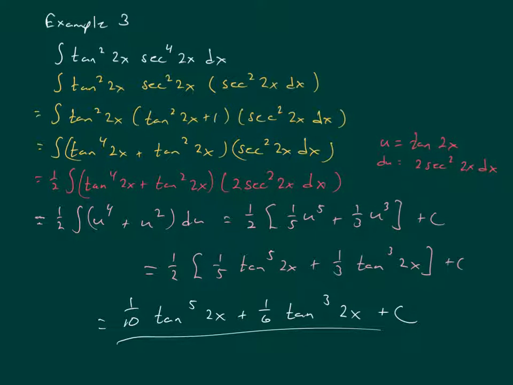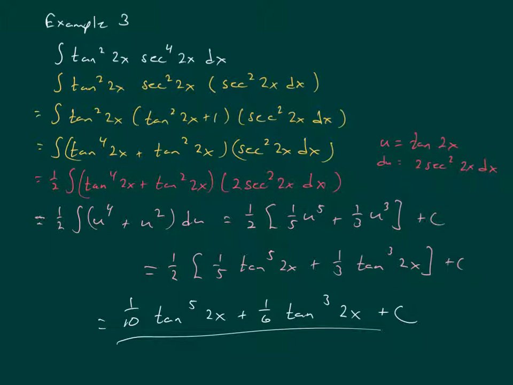At this point, I'm going to convert the remaining secants to tangents by using the fact that secant squared 2x is tangent squared 2x plus 1. And at that point, I can distribute the tangent squared of 2x in there, and I get tangent to the 4th 2x plus tangent squared 2x times the secant squared 2x dx.